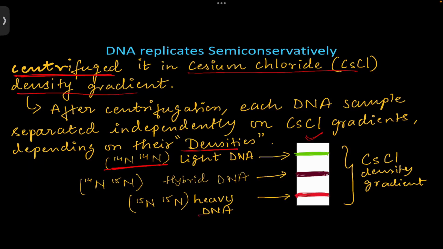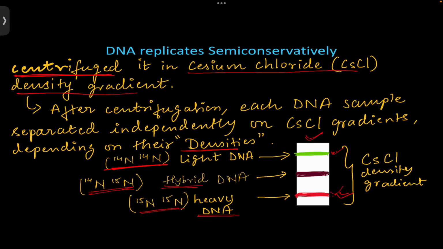Whereas the DNA molecule containing only the N15 isotope, which is the heavy isotope, will form a band at the bottom section of the tube. If the DNA molecule contains both N15 and N14 isotopes, a mixture of both, then the density will be between these two extremes. Let's call it hybrid.